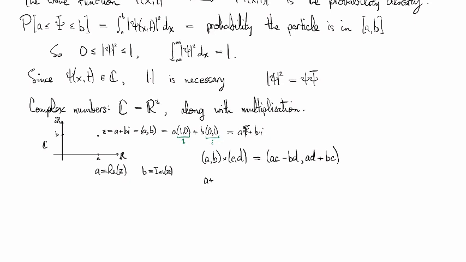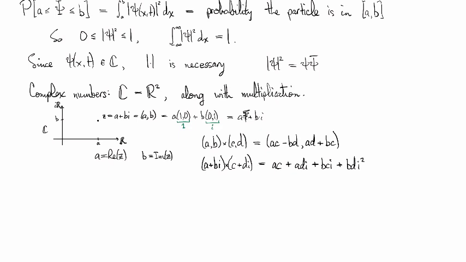So if you have a plus bi times c plus di, then multiplying this out, we have ac plus adi plus bci plus bdi squared.